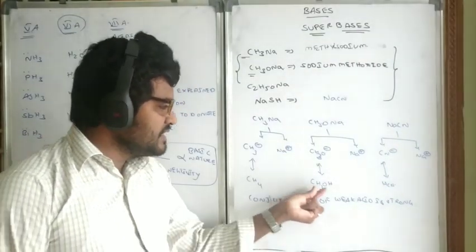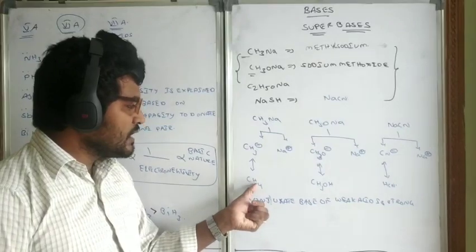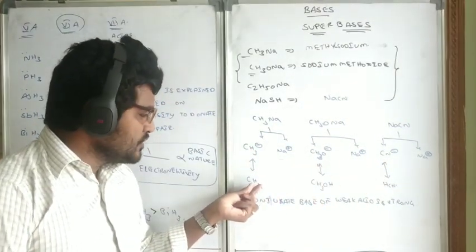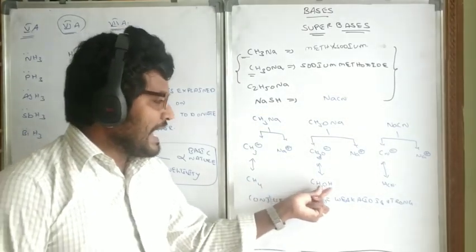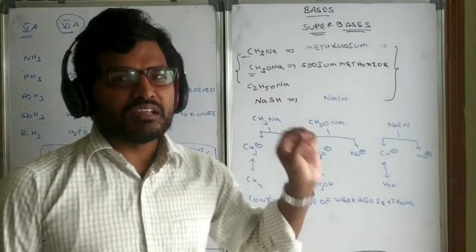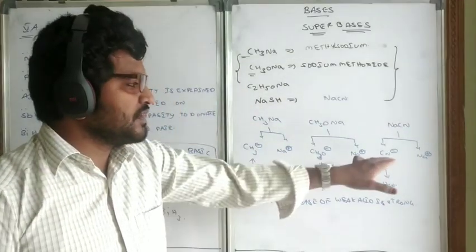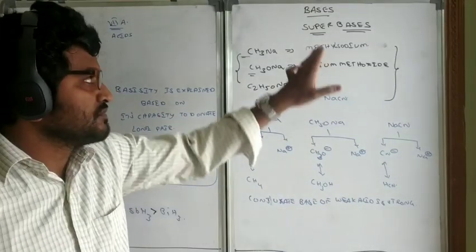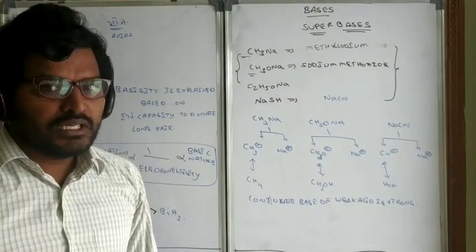Whenever there is a weak acid, if you remove a proton from it, you will get the conjugate base. Those conjugate bases are very strong in nature. That's why the reactions where they are involved will be super fast, and that's why they are known as super bases.